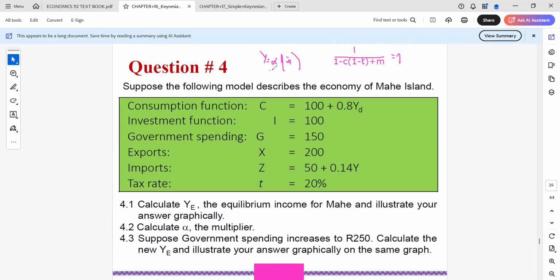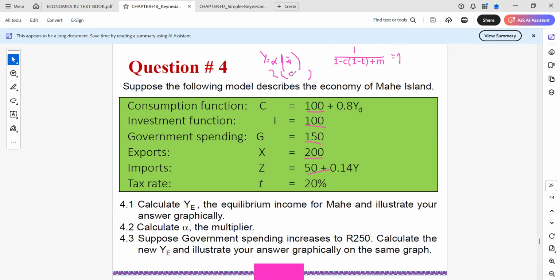Now we have to calculate the autonomous components. We add autonomous consumption, autonomous investment, autonomous government spending, autonomous exports, and minus autonomous imports: 100 plus 100 plus 150 plus 200 minus 50. I'm getting 500.